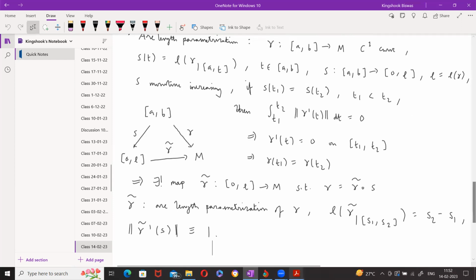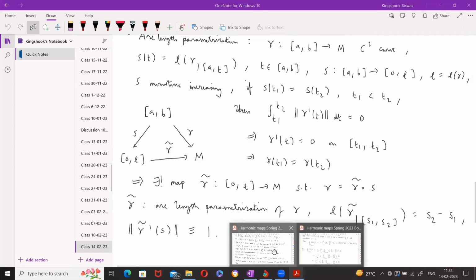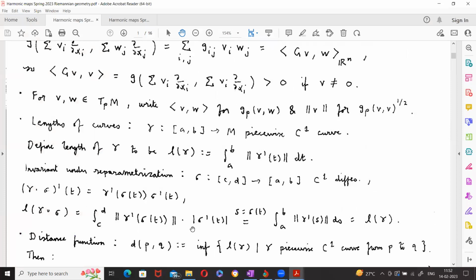Now once we can define lengths of curves, we can define a distance function, right? So remember, in Euclidean space, the distance between 2 points in Rn is the length of the straight line joining them.